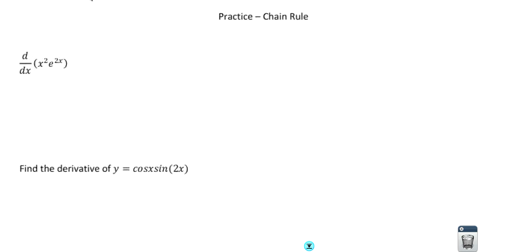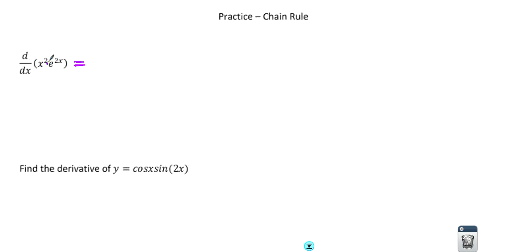So I'm taking the derivative of x squared times e to the 2x. So there's a chain rule with the e to the 2x part, but the main idea of this is product rule. So when we go to take the derivative of this, that's how we start.